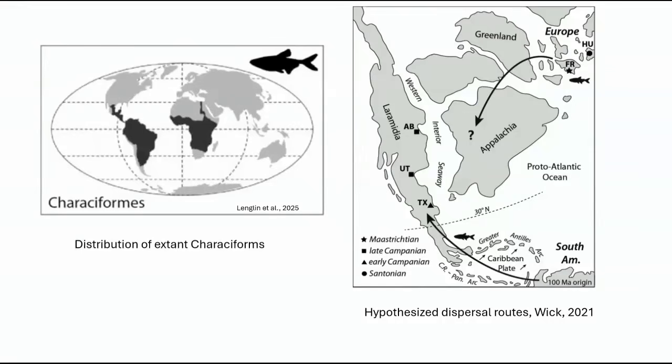Finding their presence in Uzbekistan opens another possible route, in that perhaps they went from Africa, Europe into Asia, and then into North America. We'll probably never get the full answer to this question, but clearly their presence in North America is a result of dispersal.